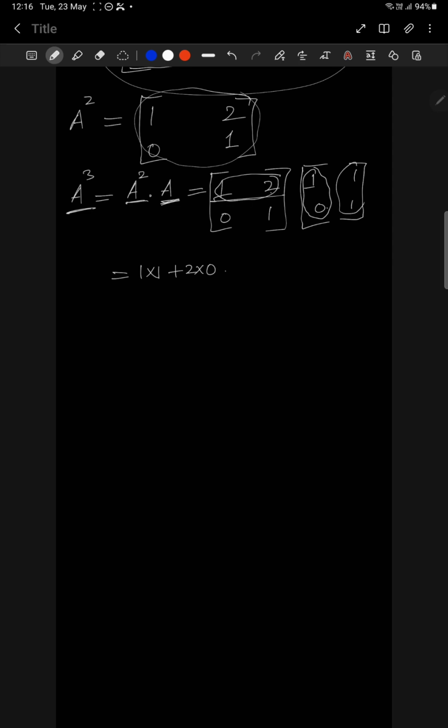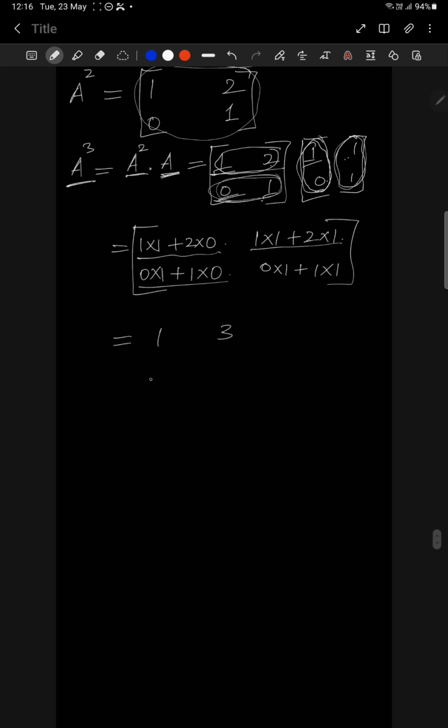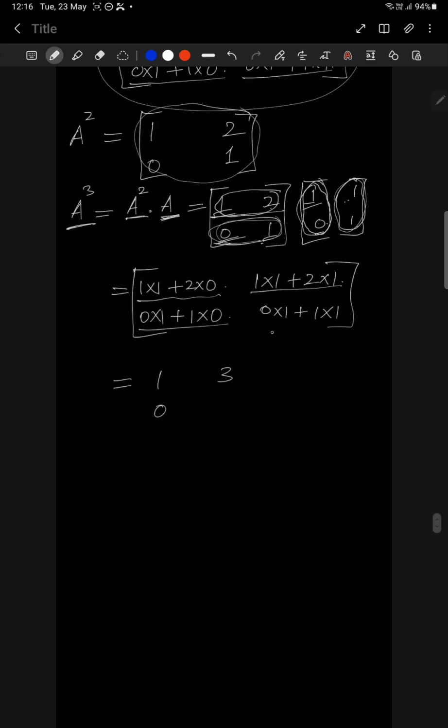Then this row multiplied to this column, 1 into 1 plus 2 into 1. Then 0 into 1 plus 1 into 0. Then 0 into 1 plus 1 into 1. So let us see the result. It is 1, this one is 3, this one is 0, and this one is 1.